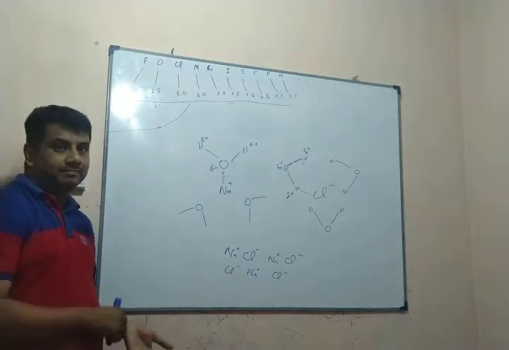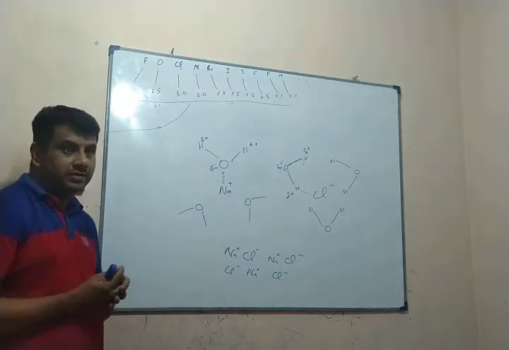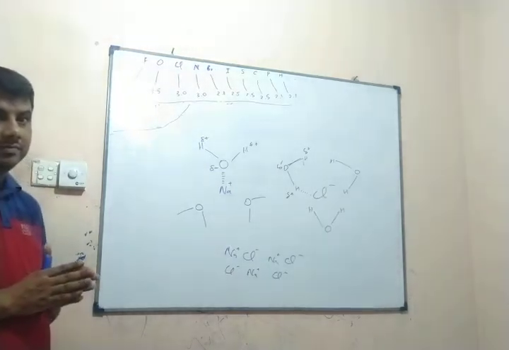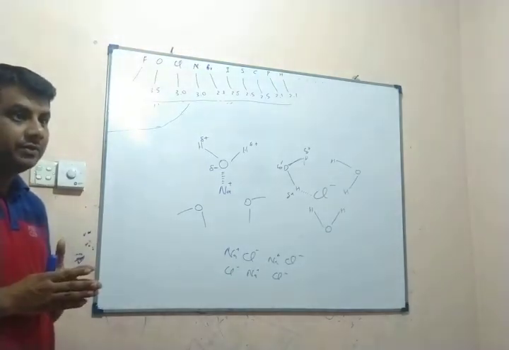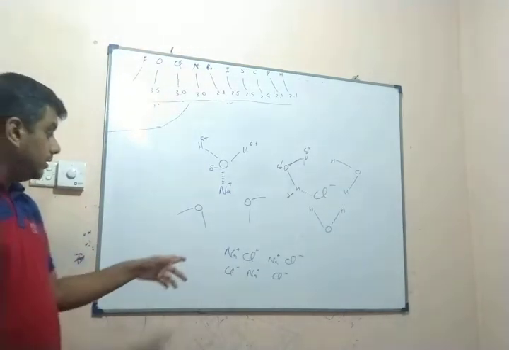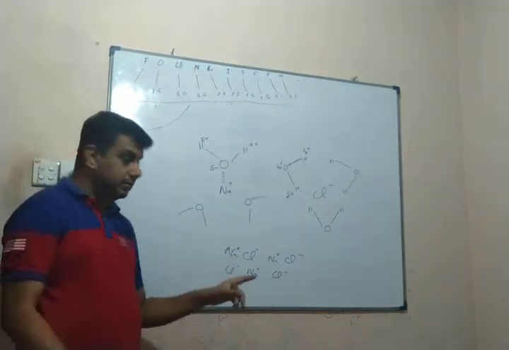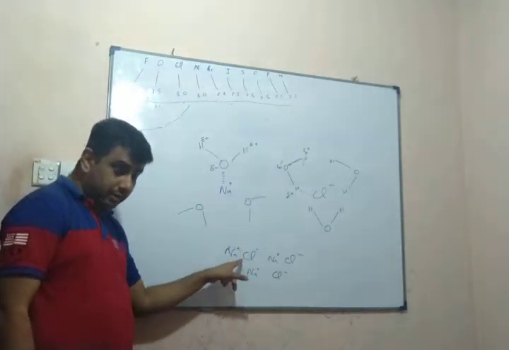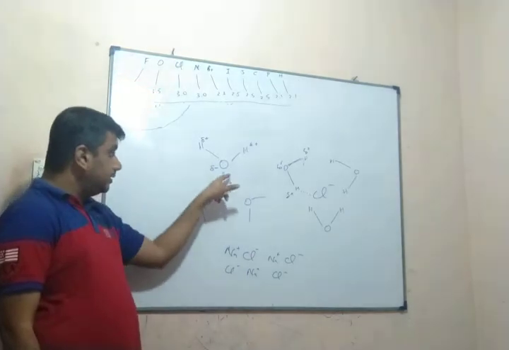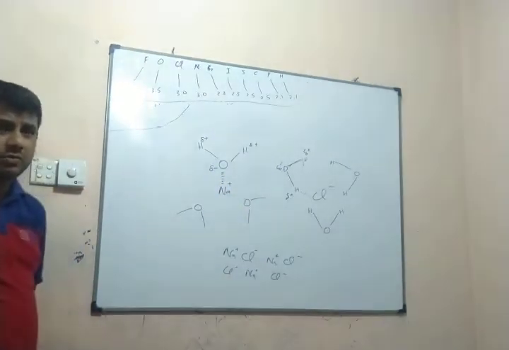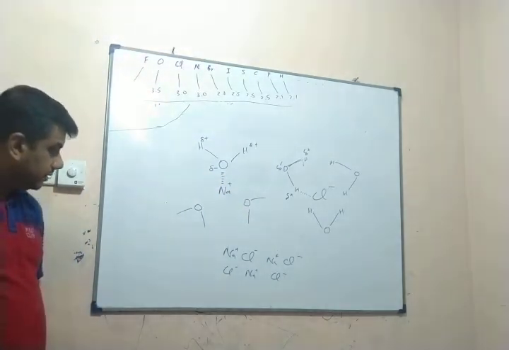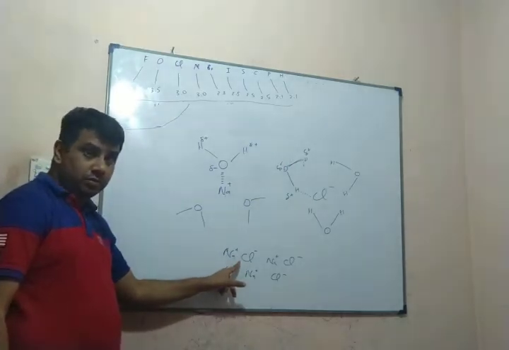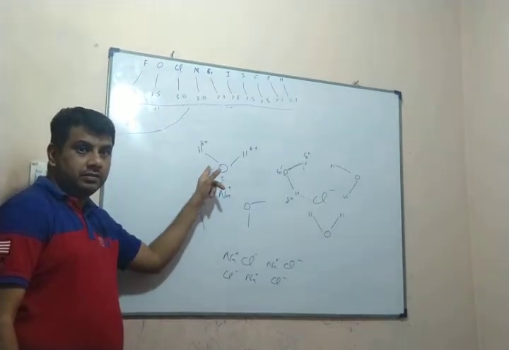So what's the next question? What's the problem you should have? So how can these be dissociated? Is this bond broken and a new bond formed? It's not possible. Why? This one is very strong, that one is weak.